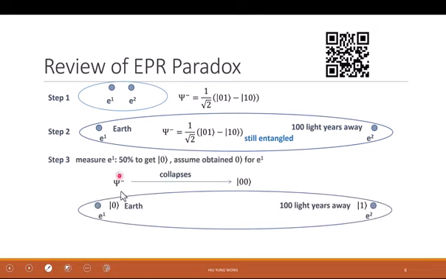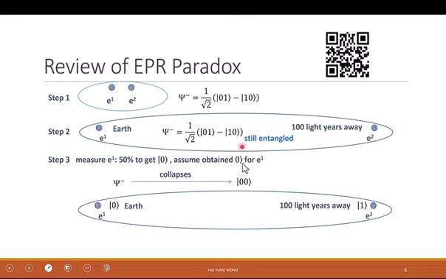Then I decided to do a measurement on the first electron. I measure in the 0, 1 basis. Right? Or in our language, maybe the magnetic field is pointing in the z direction. I measure the energy. When you do the measurement, the wave function collapses.